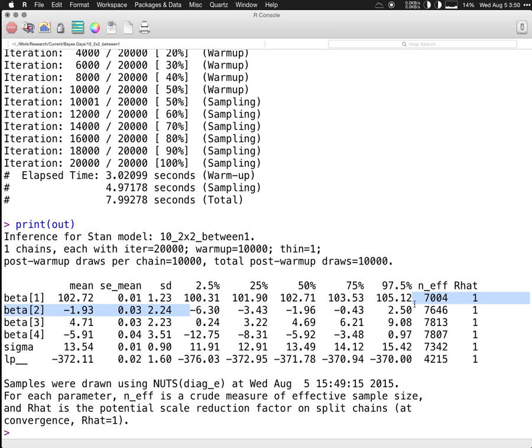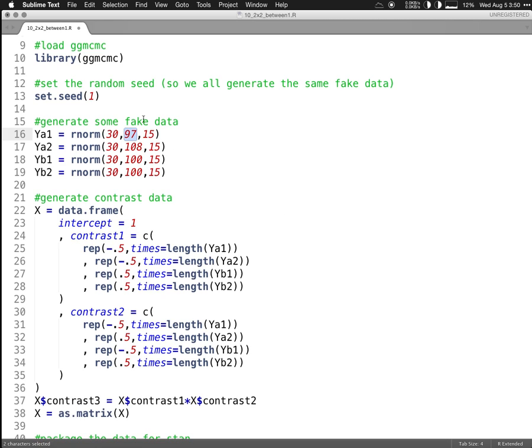Not so much an effect of A versus B, but all that is moderated by the fact that there's this interaction here. Well, the interaction includes 0 within the 95% credible interval despite the data being generated that way. So that's sort of a scenario of power and how much data I generated for each group.